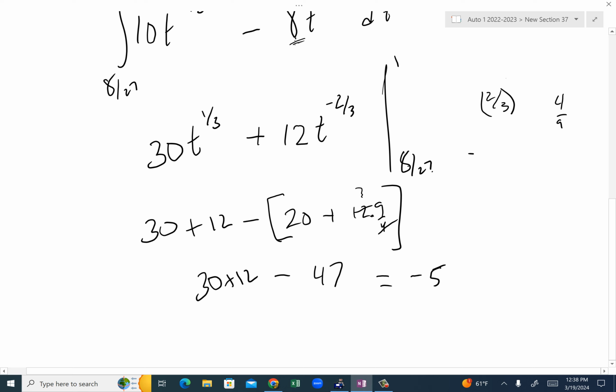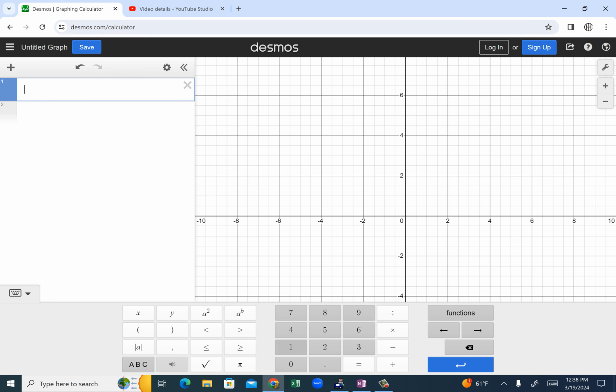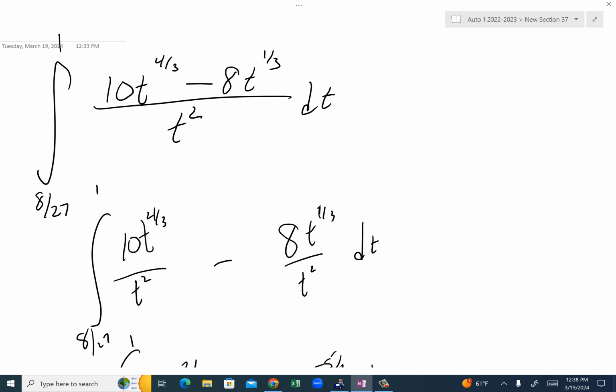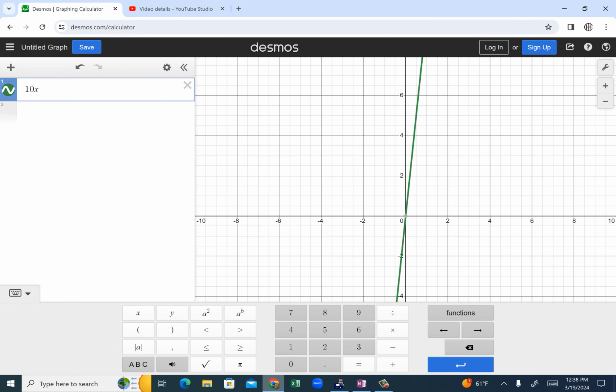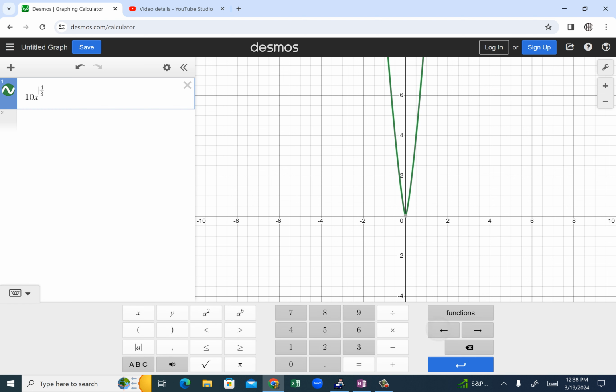Let's find out. Let's ask Betsy. 10x to the, what was it? Let's do the top one. X to the 4/3. Yeah. And then minus 8 to the third. Parentheses.